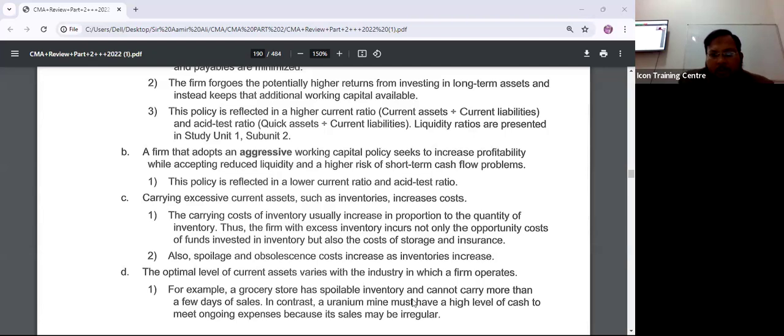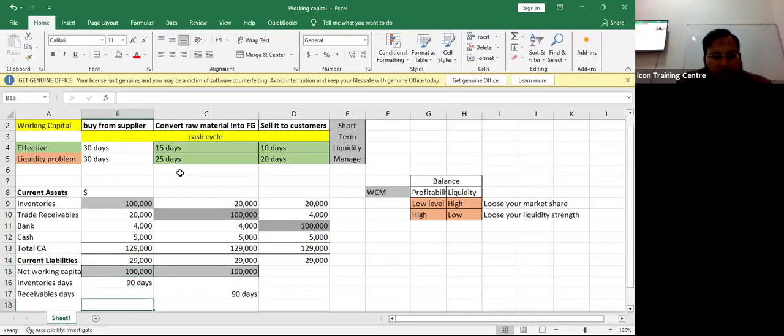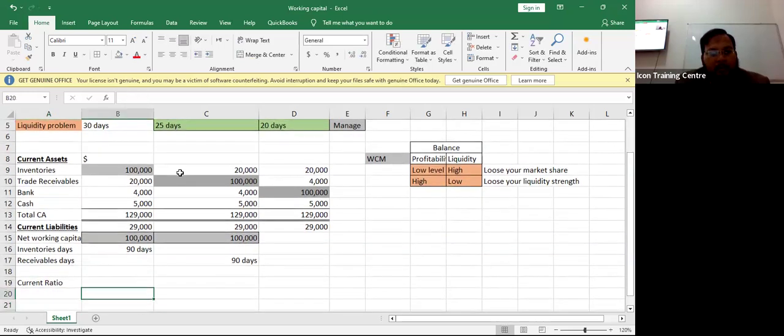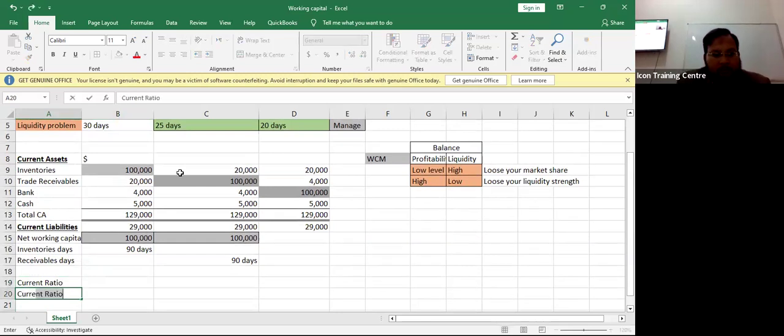So do you remember the formula of the ratios? Current ratio and quick ratio. Like in this case, we have current ratio, right? And current ratio is current assets divided by current liabilities. So let's suppose we have current assets and current liabilities.